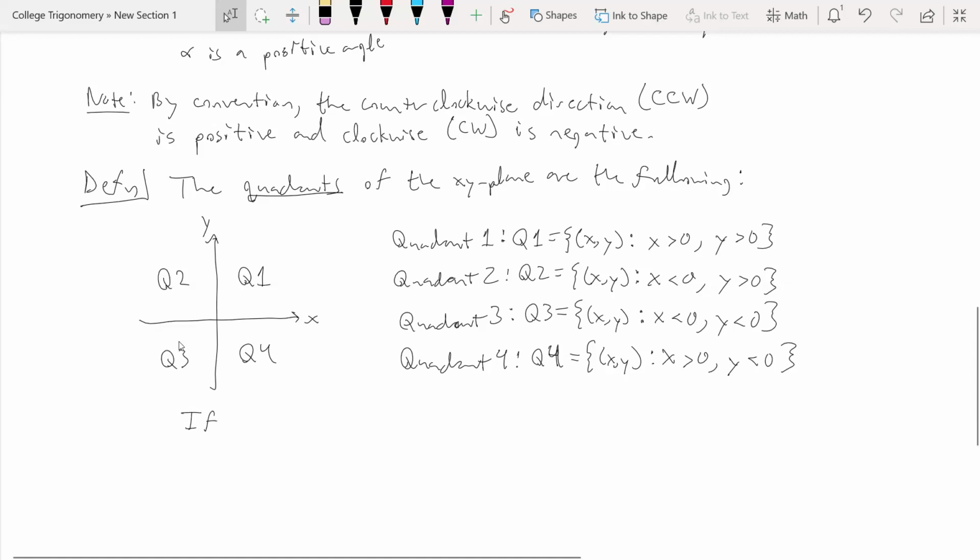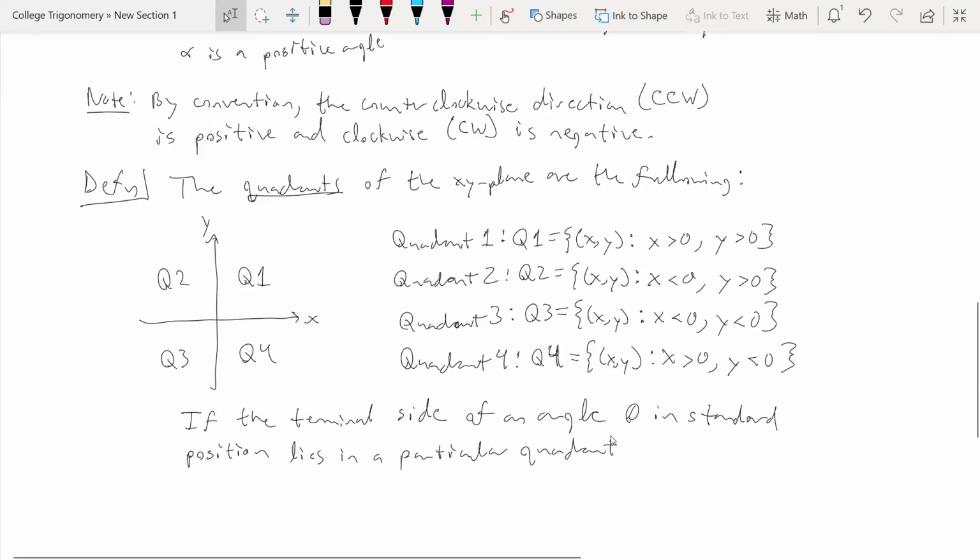If the terminal side of an angle, let's call it theta, in standard position, lies in a particular quadrant, then we say that theta itself lies in that quadrant.